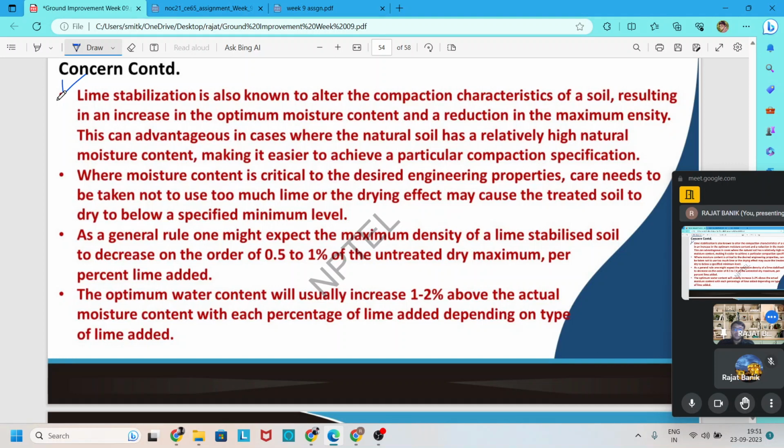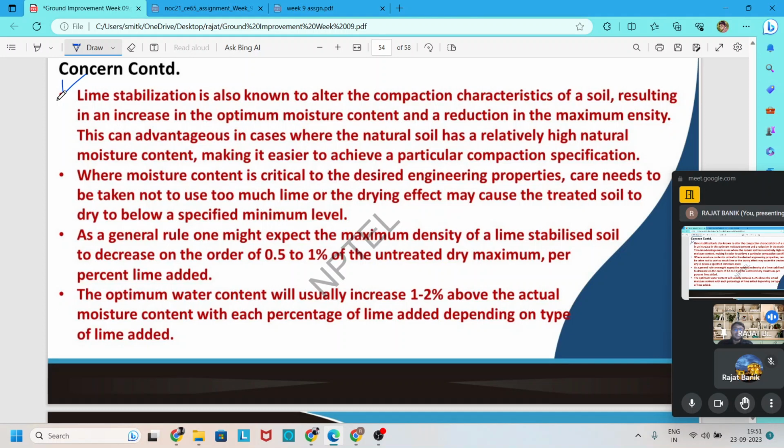So when we apply lime, it increases the optimum moisture content and also reduces the maximum dry density. And we know that moisture content is very critical to define our engineering properties. So it should be ensured that the maximum dry density does not fall below a certain level while applying the lime.